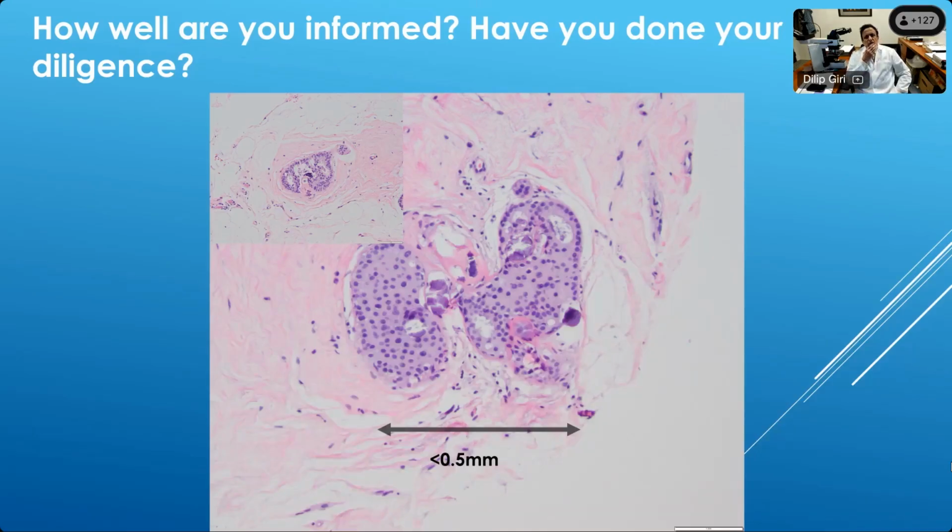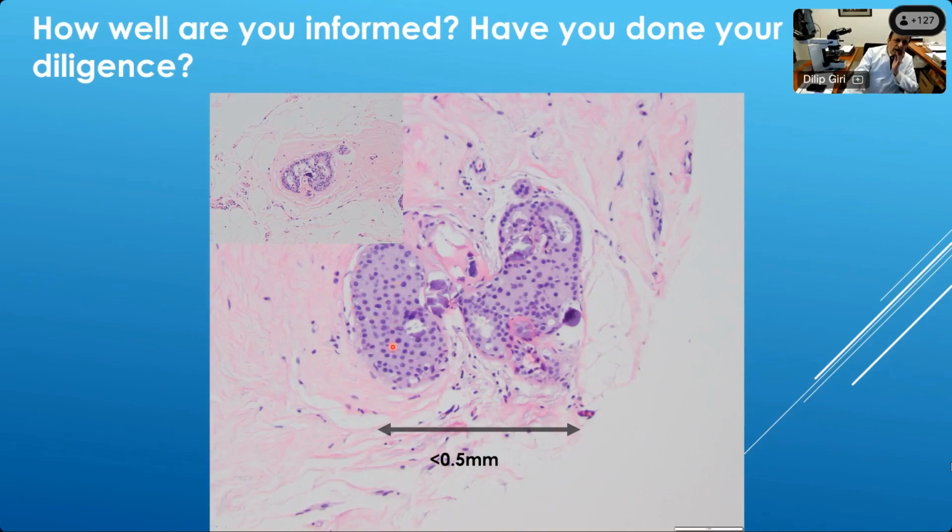And then, what is also important to remember is that whenever you have encounters with ductal proliferations in core biopsies, you have to be very well informed about the patient, about what kind of imaging studies have been done, what is the family history, what is the age, and so on and so forth. So for example, in a case like this, there is a very tiny focus showing perhaps low-grade atypia.